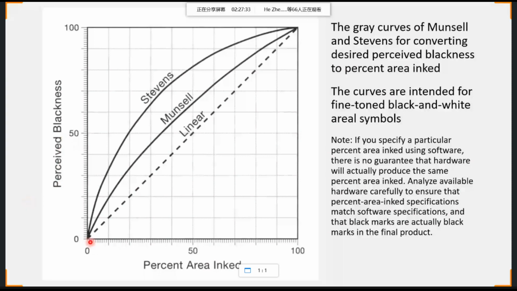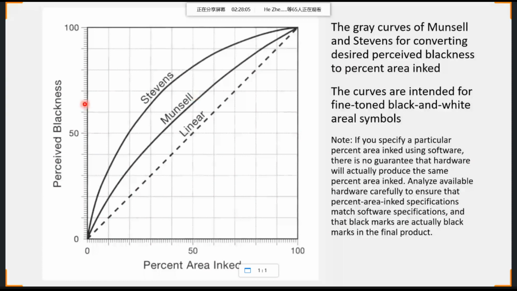If it would be linear, then you ink 50% and you have the impression of 50%. But it's not linear, it's different. So here on the Munsell curve, if you ink 50%, you have the impression of 65%.